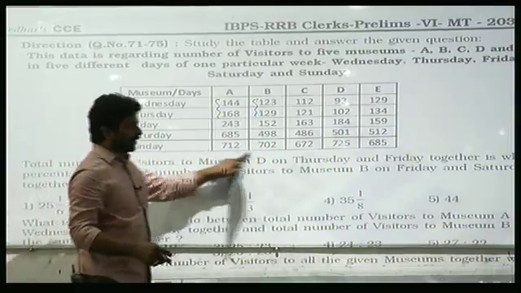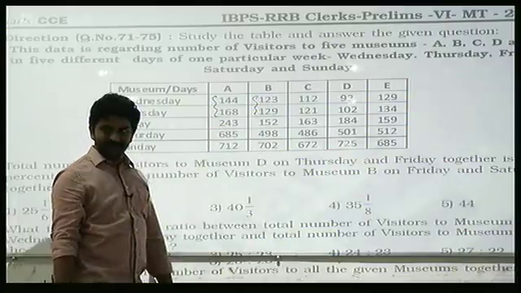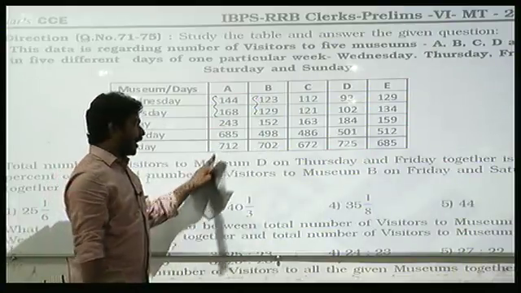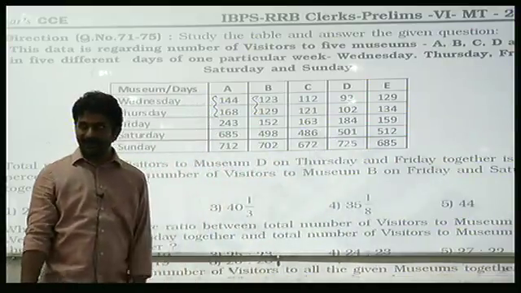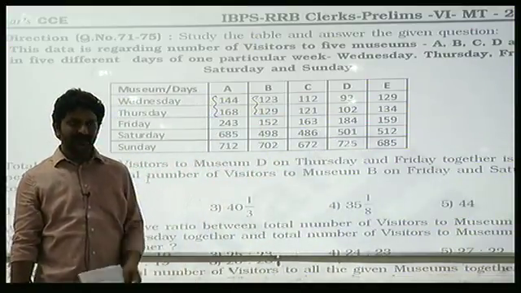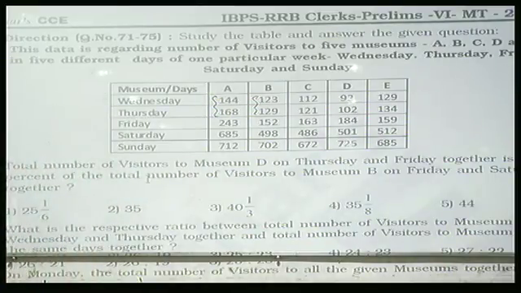So for Sunday you have to add all these values and then you need to increase it by 25%. Yes or no? Add all these values, that will be 100%. Increase its value by 25%. Can you do that? Yes or no?